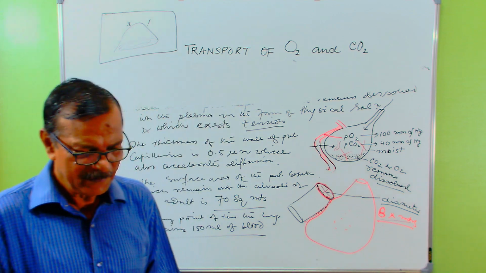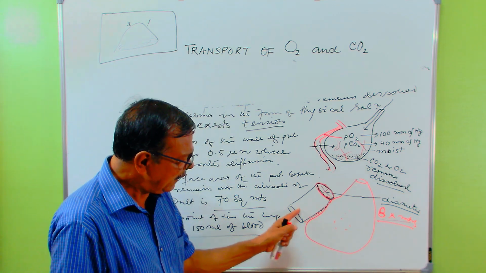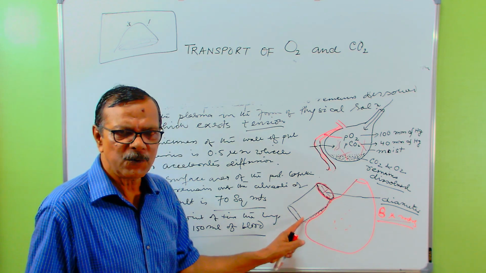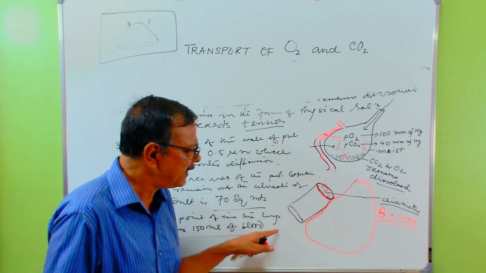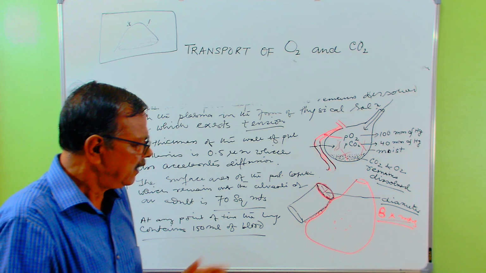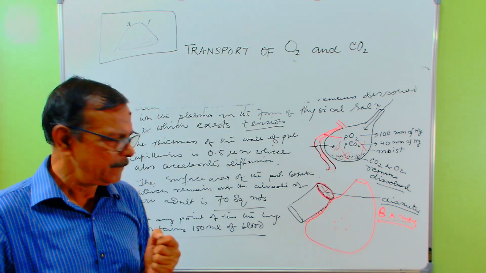Why? Mainly in the plasma, CO2 and O2 remain dissolved and then come into the lungs for exchange, a little percentage in the form of physical solution.